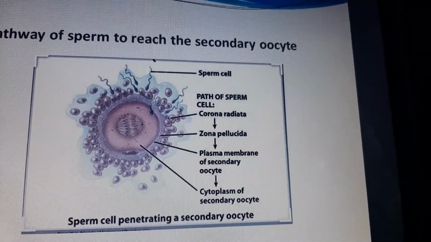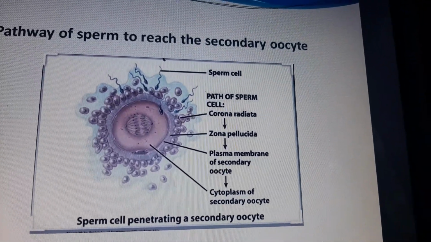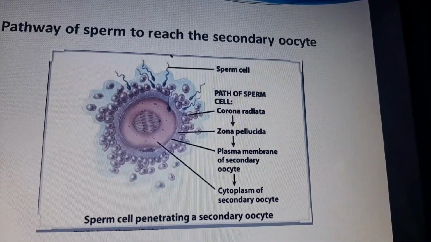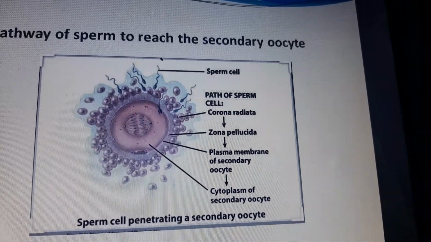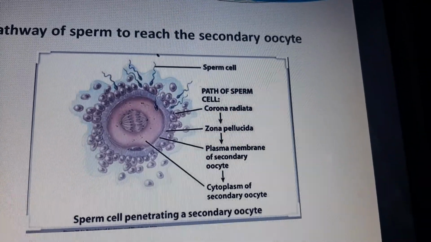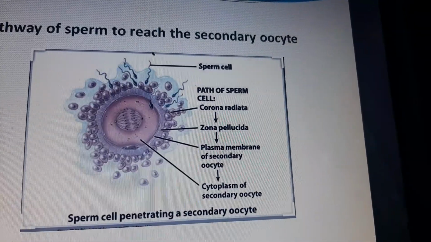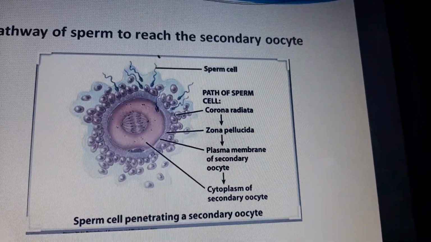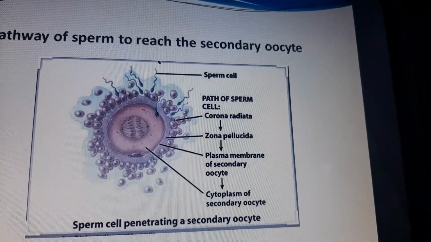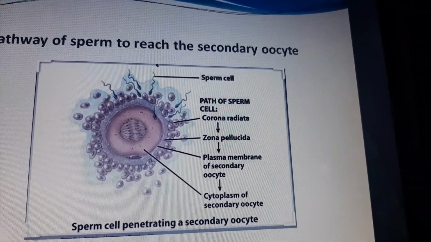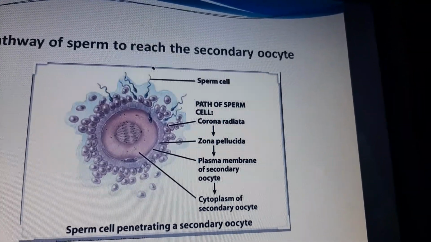Just remember, the sperm nucleus that enters has its own centriole and nucleus, but it does not have a cytoplasm. The secondary oocyte has a nucleus and cytoplasm, but the oocyte does not have its own centriole.